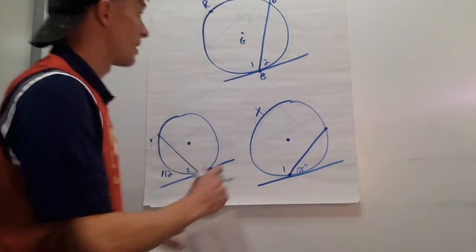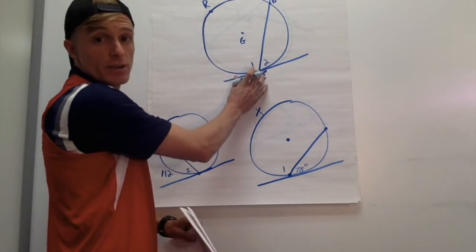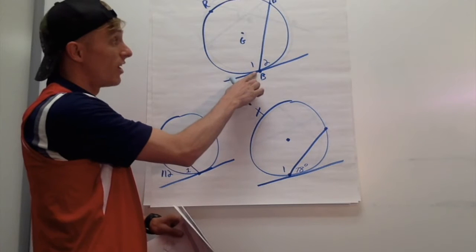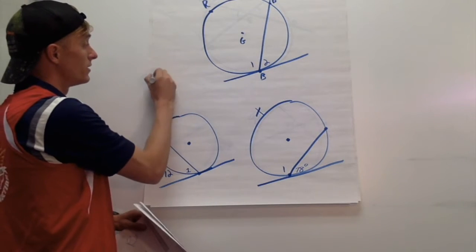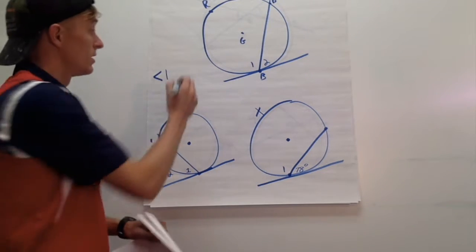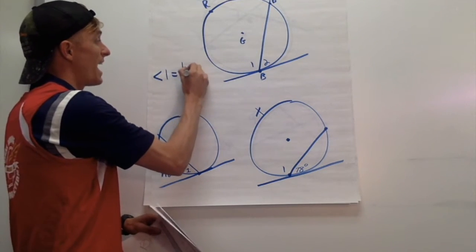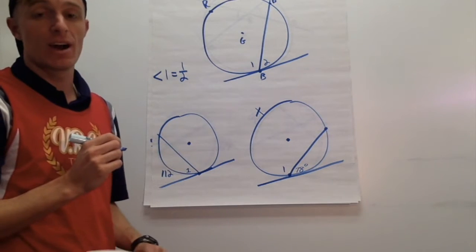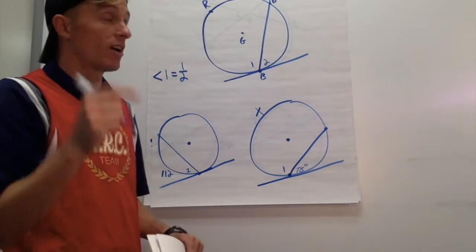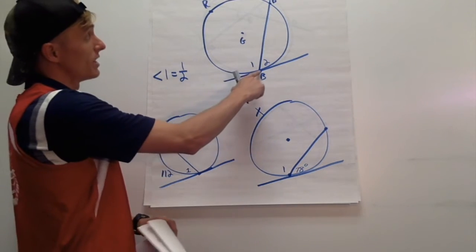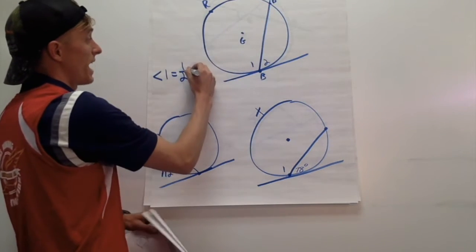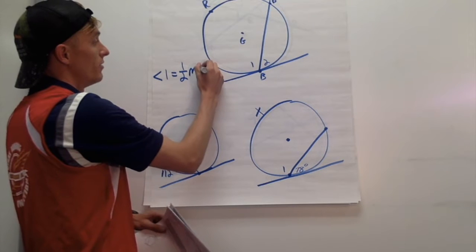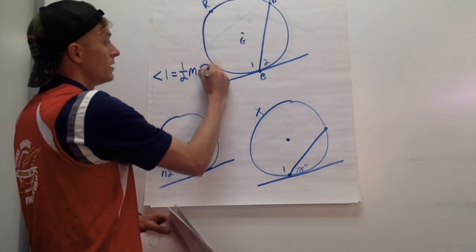So, for example, what we have right here is we have an angle that is on this circle. So what we can say is that angle 1 is equal to 1/2 of the intercepted arc. And so the arc that it intercepts is BRD. So it's 1/2 the measure of arc BRD.